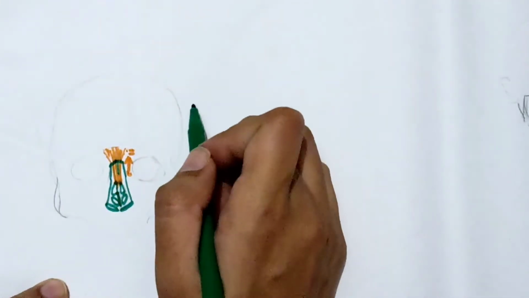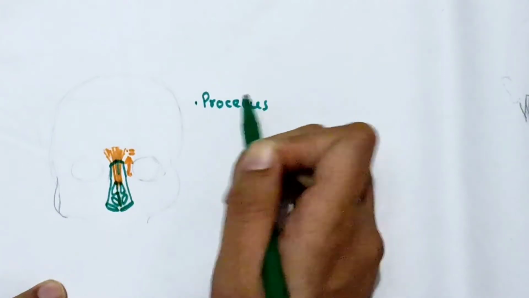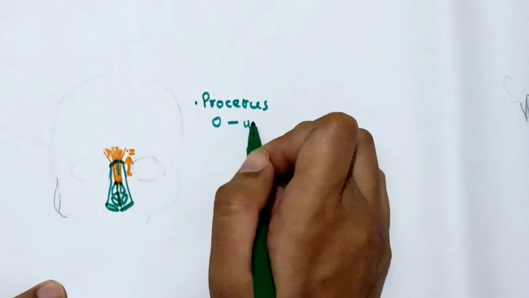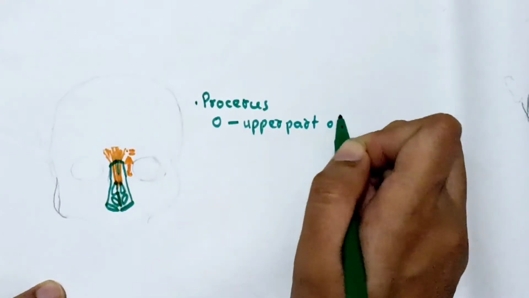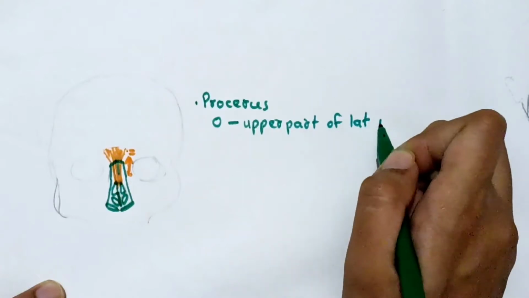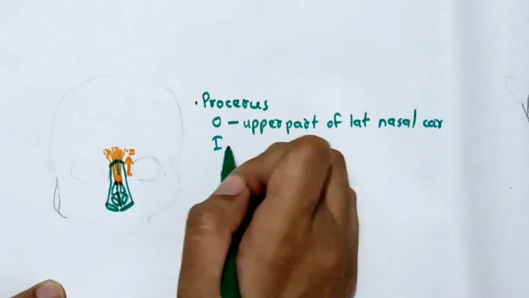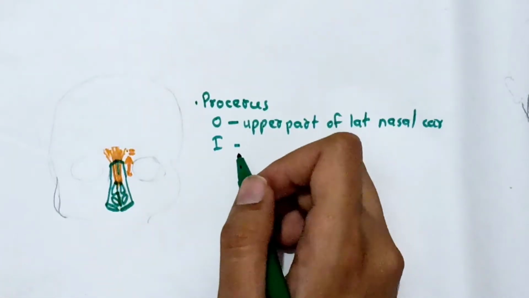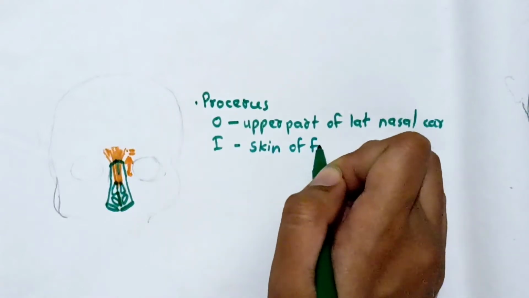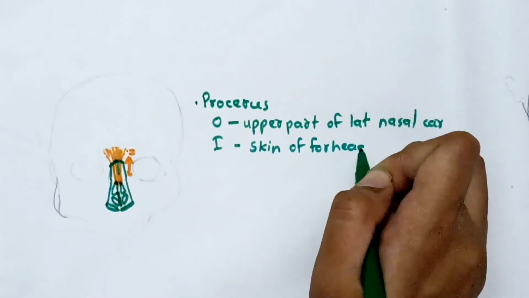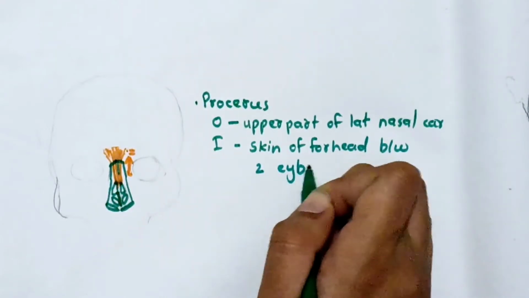Let's note it down. First is procerus, origin on the upper part of the lateral nasal cartilage and insertion on the skin of the forehead between the two eyebrows.